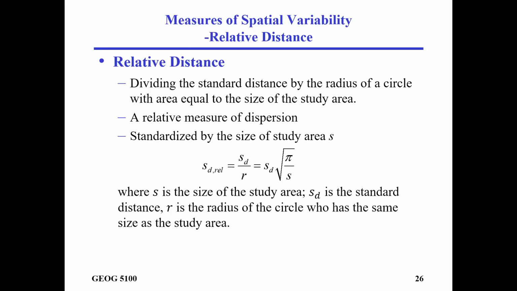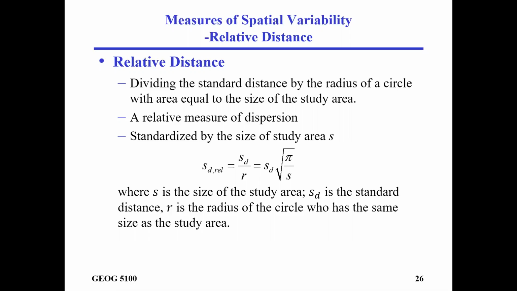After the calculation of SD, you need to figure out the size of the study area. And after that, no matter whether that polygon is a circle or not, you need to assume that it is a circle.